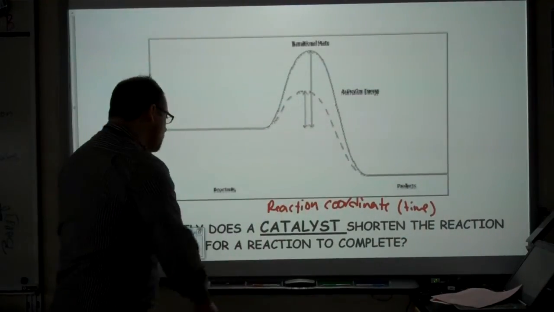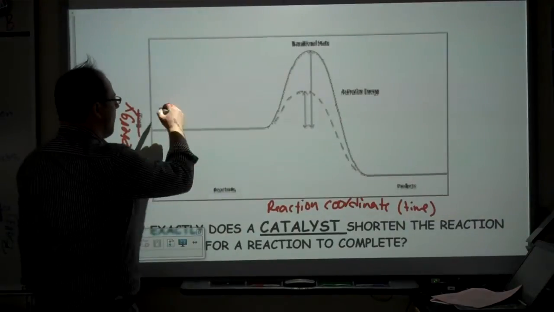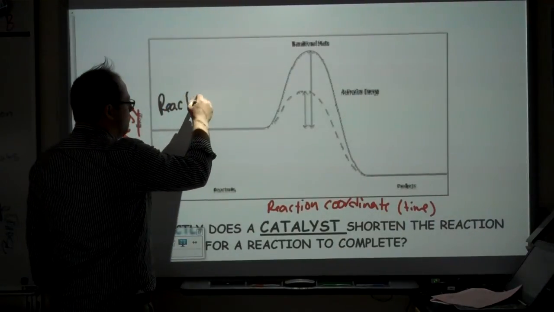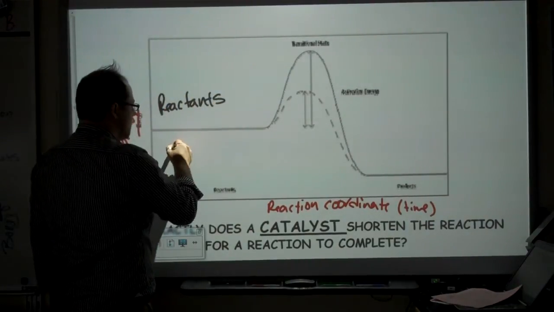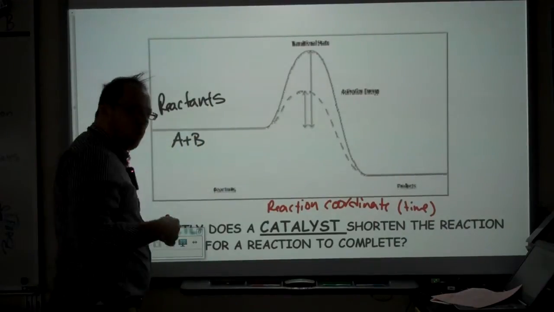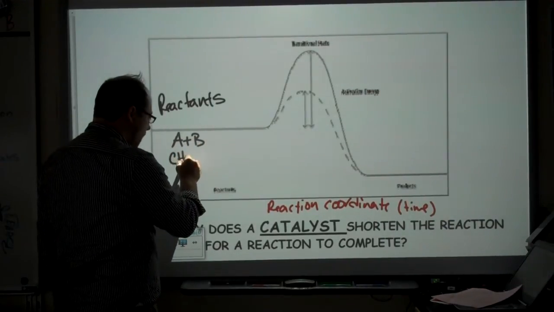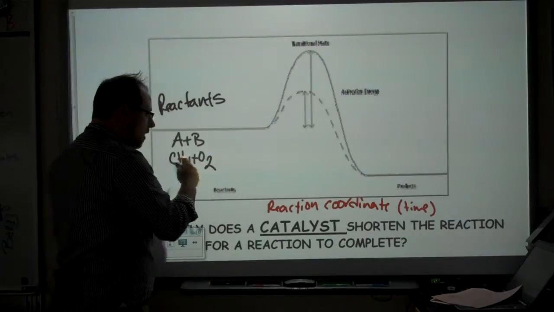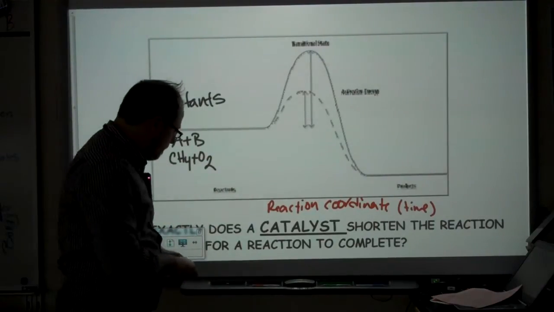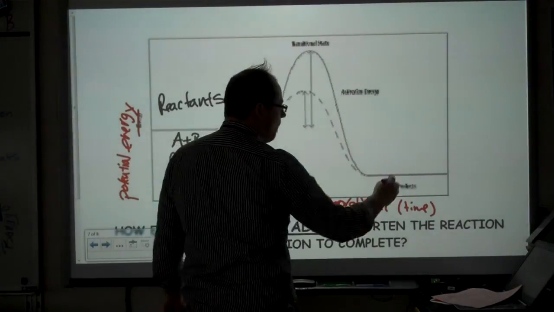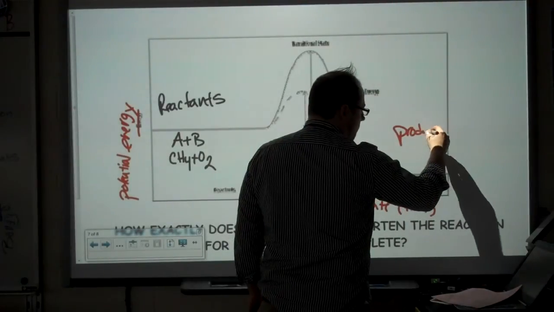On the left side, we've got our reactants, which you'll often see as things like A plus B, or something like CH4 plus O2. On the right-hand side, we have our products.